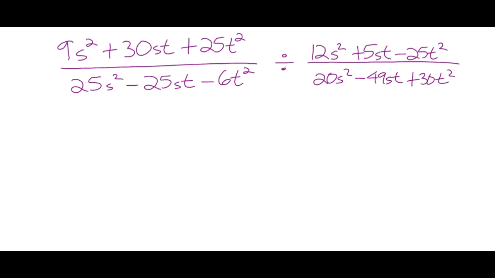You do it the exact same way. So what's your first step? What's the first thing you do? Kiss and flip. Change it to a multiply.